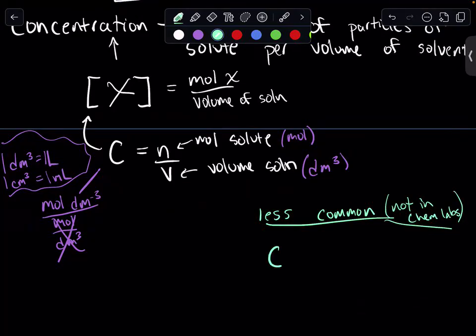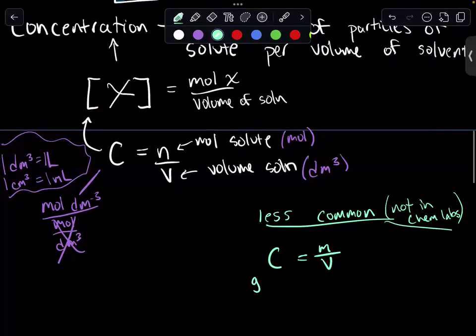It is another type of concentration where concentration is equal to mass over volume, which provides you with the units of, and I'll use purple for units once more, grams decimeter to the negative 3, where this is grams of solute, ridiculously enough, and this is decimeters cubed solution.